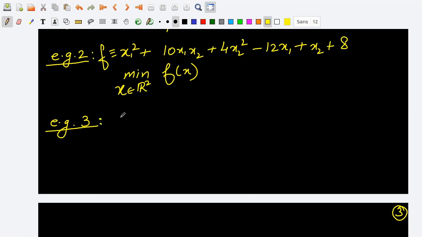So for example, let's look at a third function of only one variable again. The earlier example was in two variables.